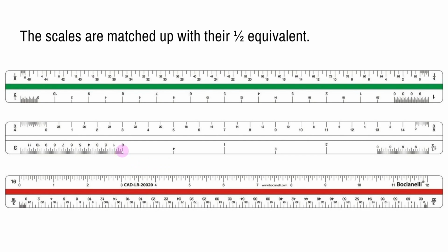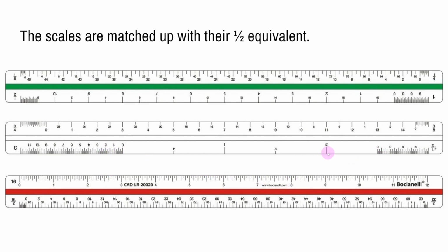Or excuse me, it would be just 3 inches, but it would be the equivalent of 1 foot. So now we're getting a much larger scale, and a lot less can fit on just our physical architect scale in our hands, but we can always move it and slide it over.